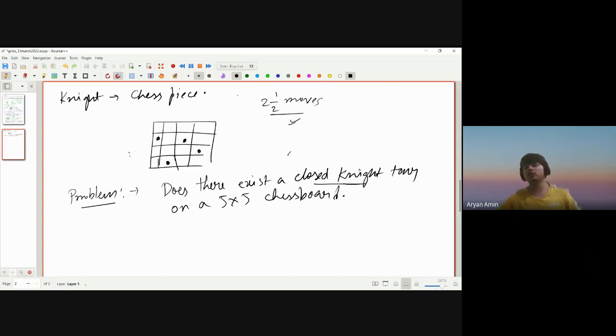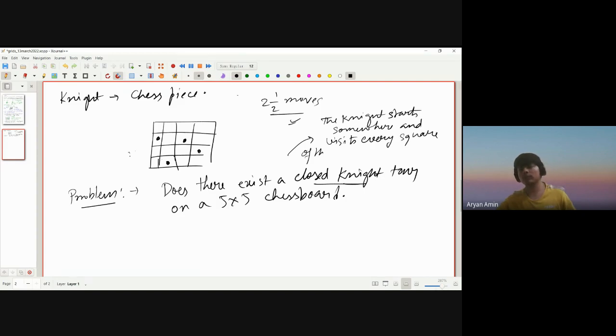A closed knight tour means the knight starts somewhere and visits every square of the board exactly once.